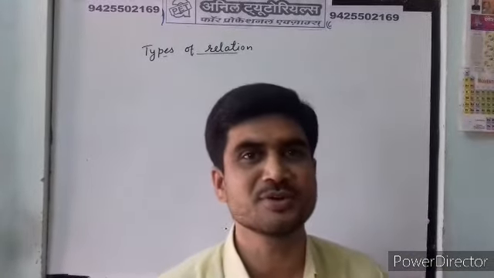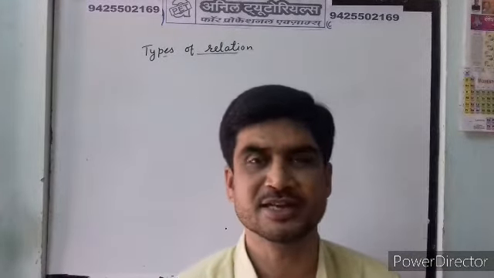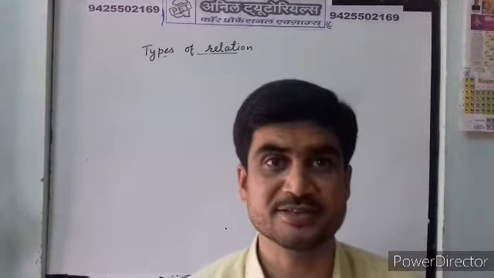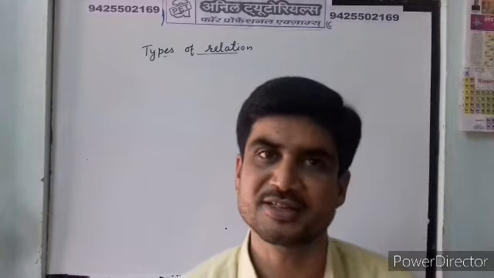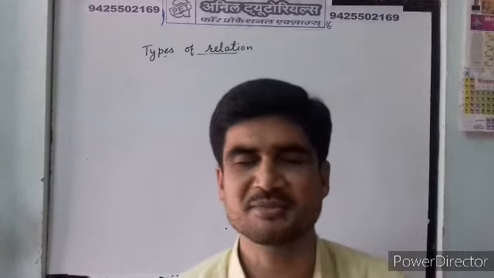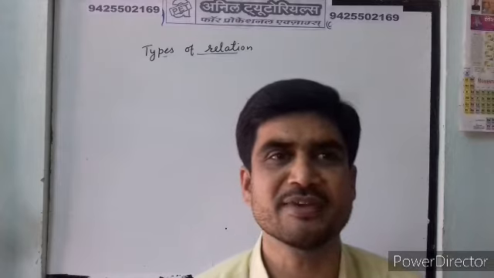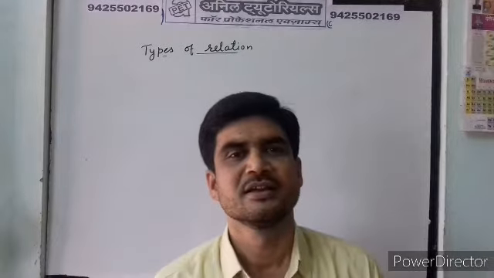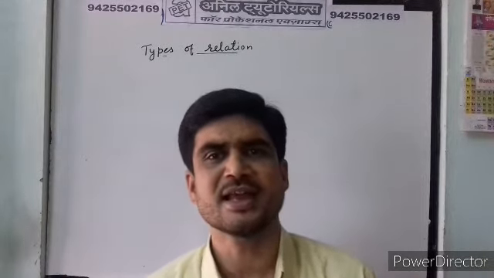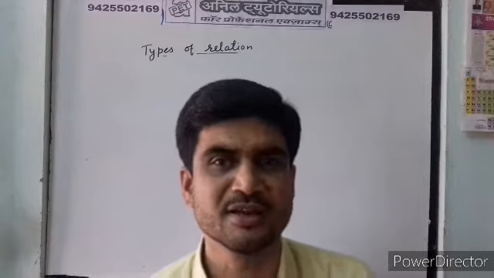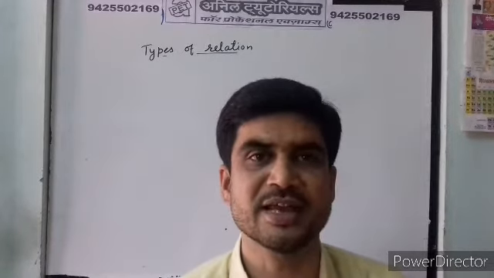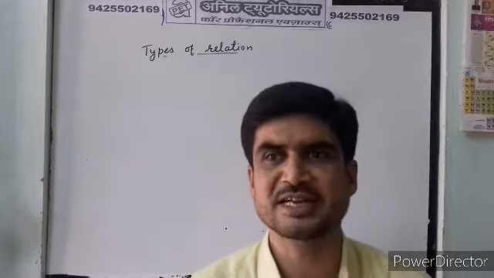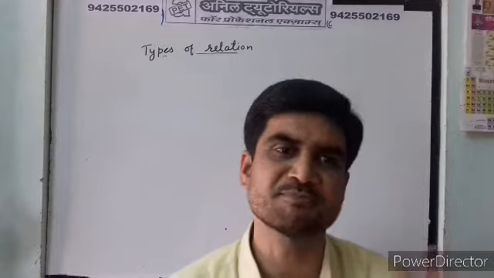Okay, see, a relation is a subset of a Cartesian product of two sets. Now suppose we have a single set and we take the Cartesian product of the set with itself, then also we can get a relation. Now suppose we have a set and not a single element is related to any of the elements, then it is called an empty relation. Sometimes one examination is taking place in your class and nobody passes.